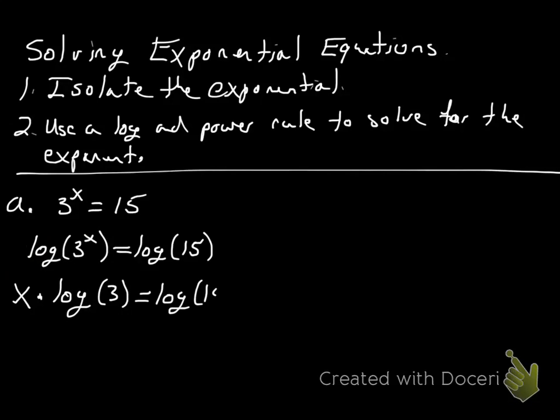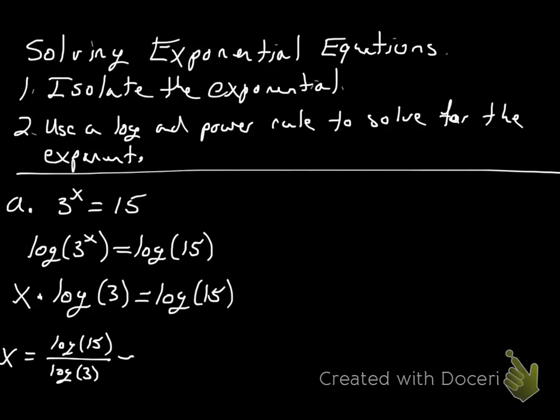That's something you can plug in your calculator, but it would be better to leave it as log 3, because if you write it as a number, it's going to be a big messy decimal, and then you're introducing rounding error. So we'll divide both sides by log 3, and we'll have log 15 over log 3.